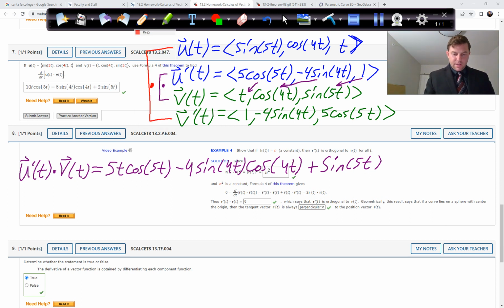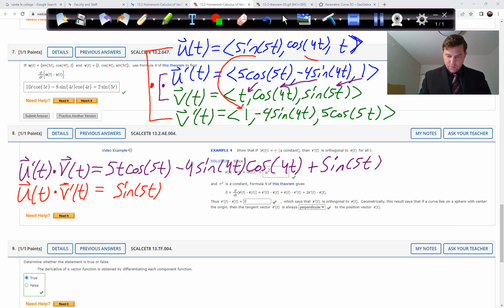Okay, now in red, we're going to do u dotted with v prime of t. And I'm going to line these up so at the end we can just add down, because the idea is we're adding all this together. Okay, so I've got the first two, sine of 5t times 1. So that's going to give us sine of 5t. The second two are going to be cosine 4t with minus 4 sine 4t, so it's going to be minus 4 sine 4t cosine 4t.